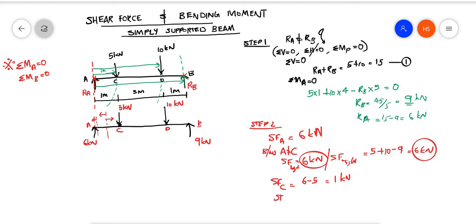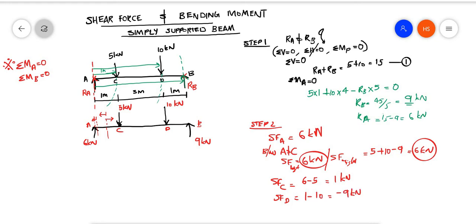Then, next one, shear force at D. Here again, it will be 1 kilonewton only. Then, what will be the shear force at D? I am considering at D, a 10 kilonewton acting downwards. Therefore, 1 minus 10, that is minus 9 kilonewton.